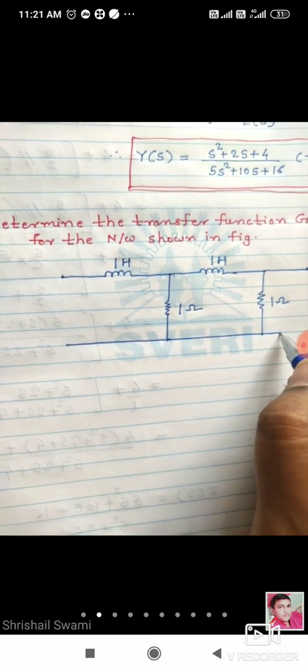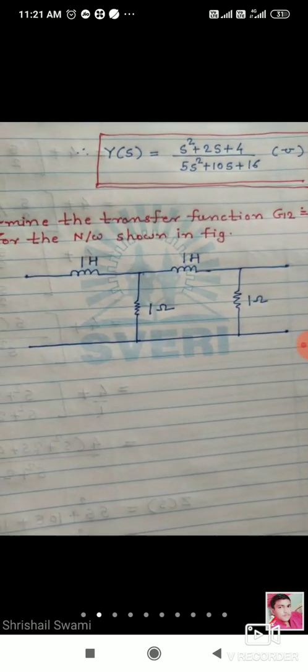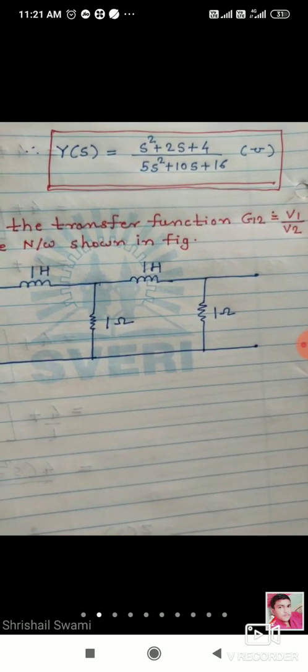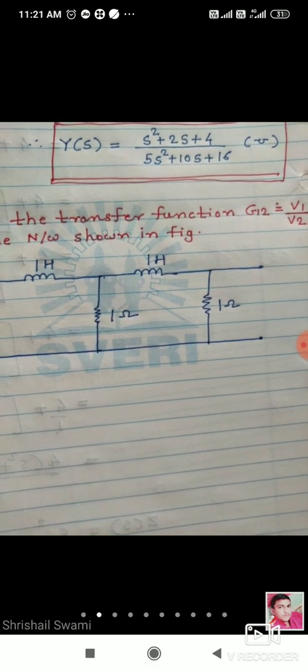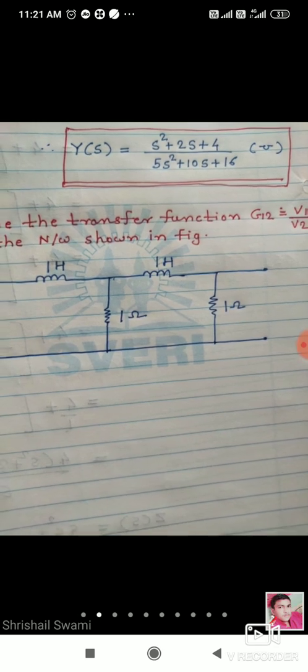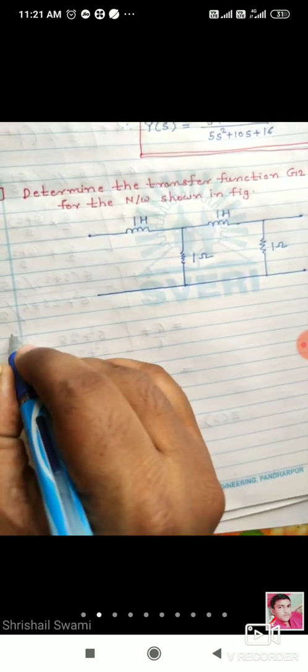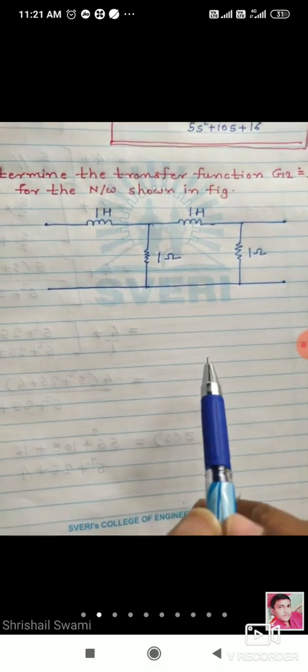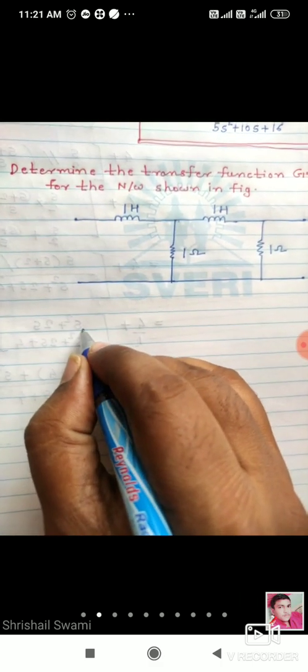V1 and V2 means obviously it is related to a two port network. Two voltages are given, that means a two port network. So this is the given, and you have to find out the transfer function. G means voltage transfer ratio function, that is V1 upon V2 you have to find out. Now next, we are going to start by converting this time domain network into an S domain network.